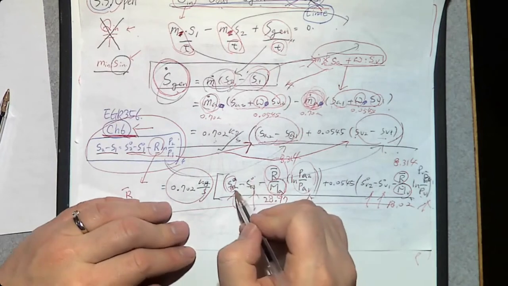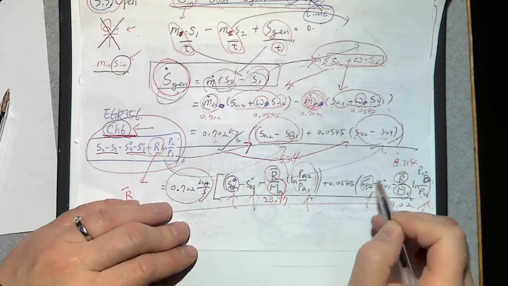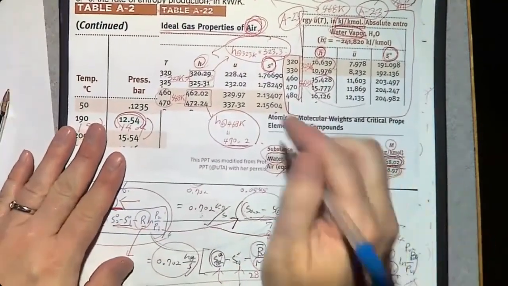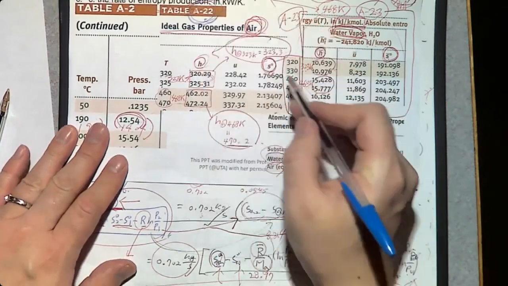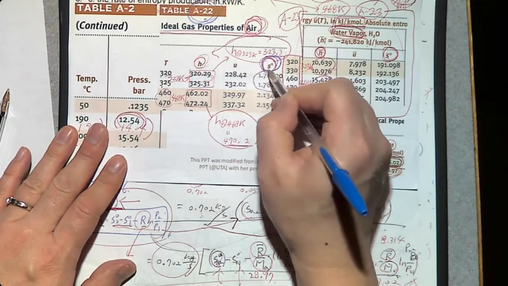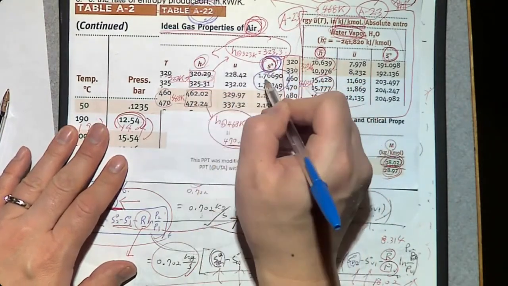Then, where can we find this S degree for air and S degree for water vapor? We can go back to table A22 to determine S degree. We can do a linear interpolation between these two numbers to determine S degree at 323.